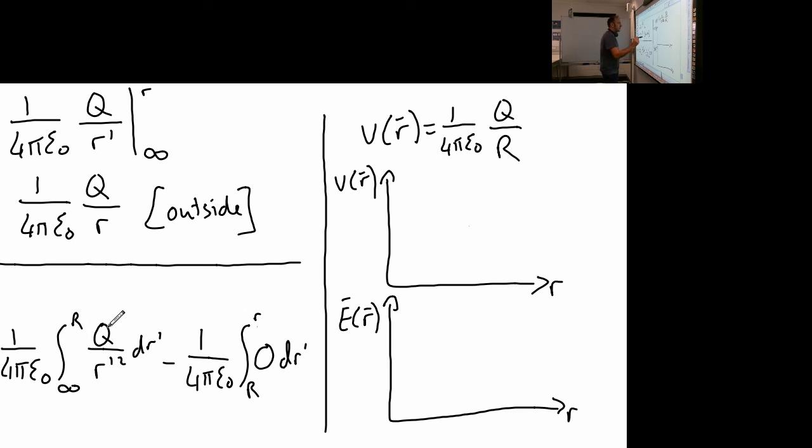Okay, so what we're going to see is for the potential, it's going to be constant inside the shell, and it's going to be proportional to Q over big R. And then after little r is equal to big R, at the surface, it's going to decrease as 1 over r.